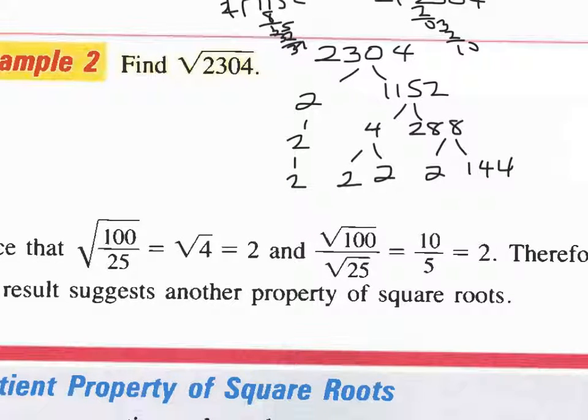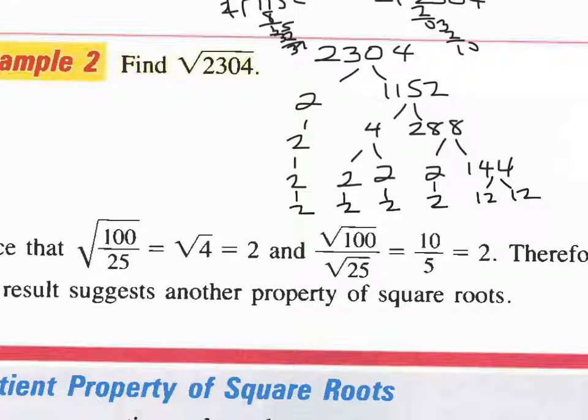Now, at this point, if you realize that 144 is a perfect square, you could square root it, but I'm going to keep breaking it down till I'm prime. So 2, 2, 2 is still coming down. 144 is 12 times 12.